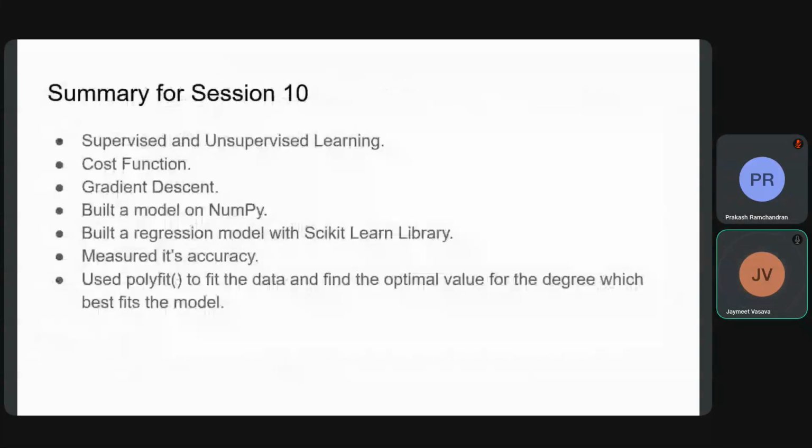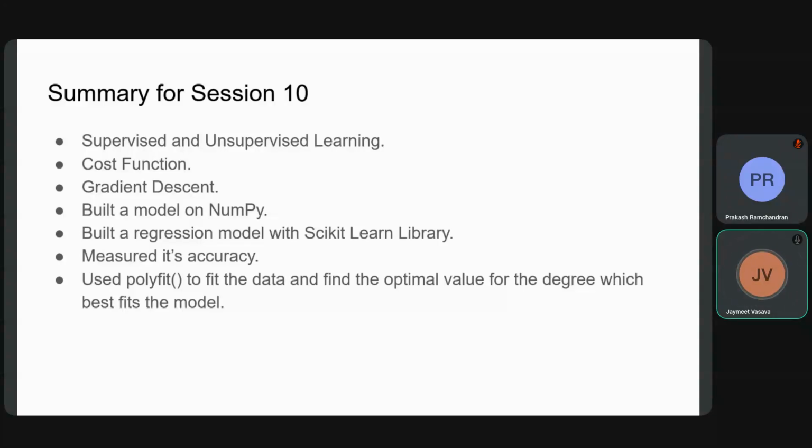To summarize this session, we started with the discussion of AI and ML, and the relationship between AI, ML and DL. Then we discussed a few points on supervised and unsupervised learning. We discussed the cost function, because in supervised learning we already know the outcome value and the predictions are made by the model, so there is a difference.